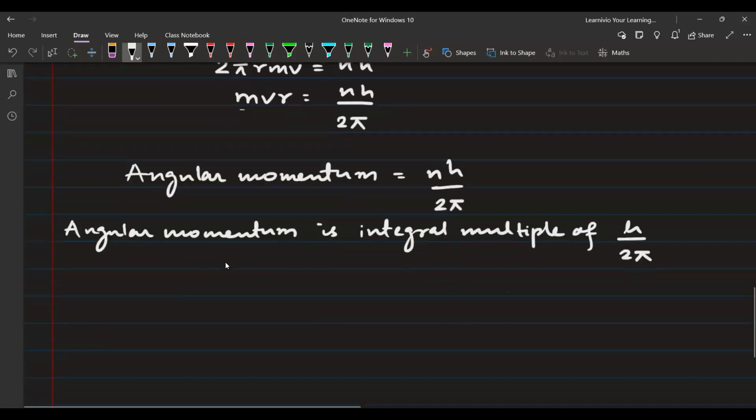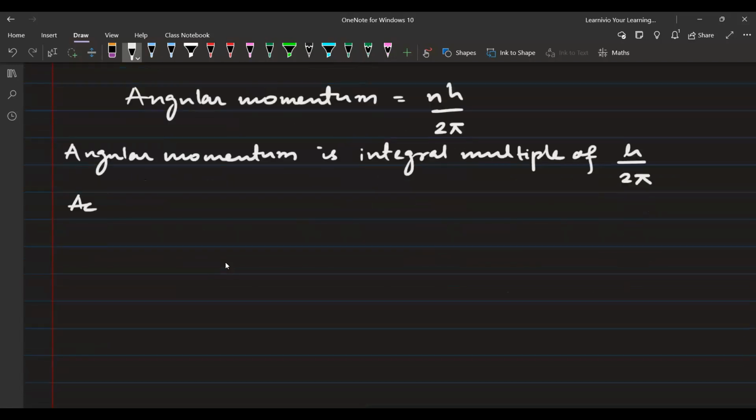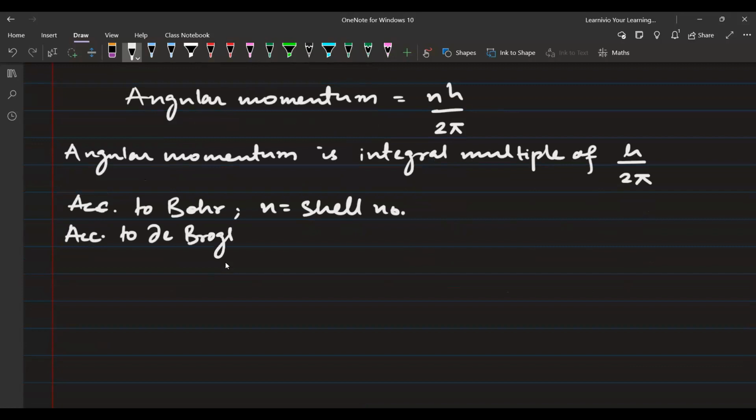Now, according to Bohr, in this case, please write. According to Bohr, n it is equal to the shell number or the orbit number. And according to de Broglie, n it is equal to number of waves.